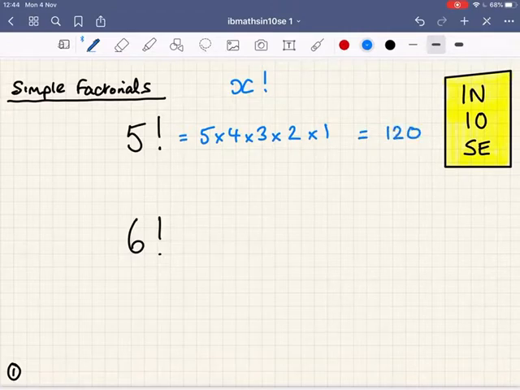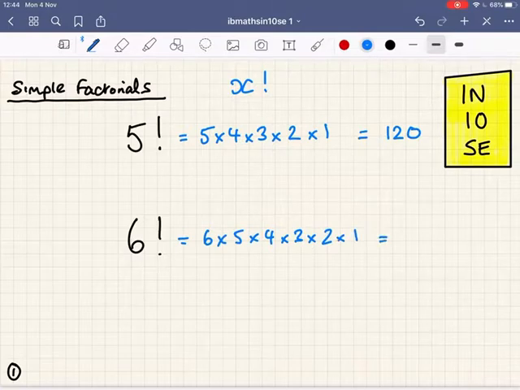And 6 factorial, no surprises, is just going to be 6 times 5 times 4 times 3 times 2 times 1, which is 720. Your calculator will do this work for you, but it's very important that you know what underlies the calculator's work.